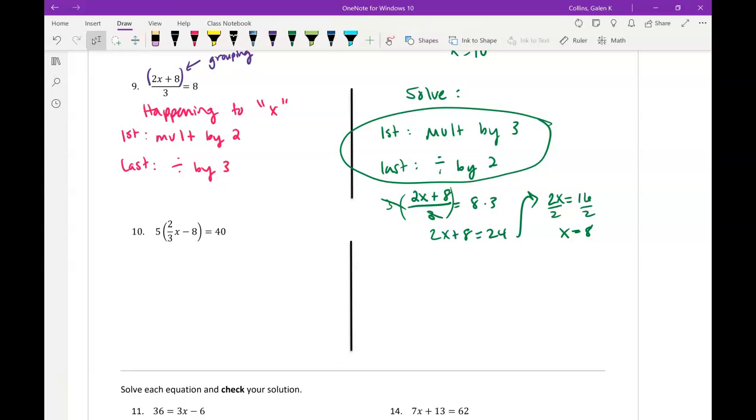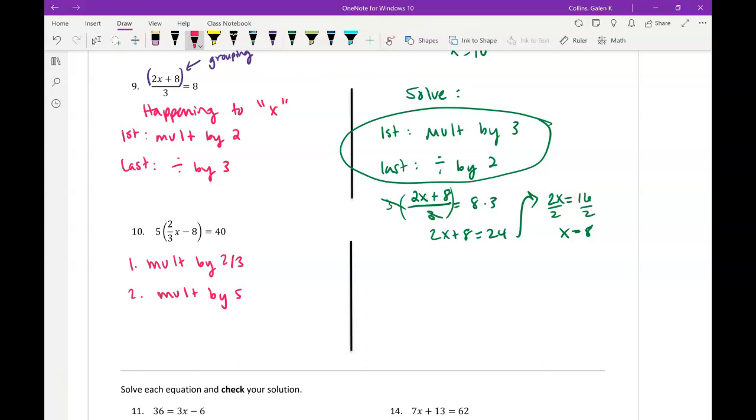Now, number 10, we could argue about this one. I think if we were to say literally the first thing that's being done to x is that it's getting multiplied by 2/3. And then the last thing that's being done, now you could distribute the 5 if you want. I would say x is being multiplied by 2/3. And then at the end, everything is getting multiplied by 5.